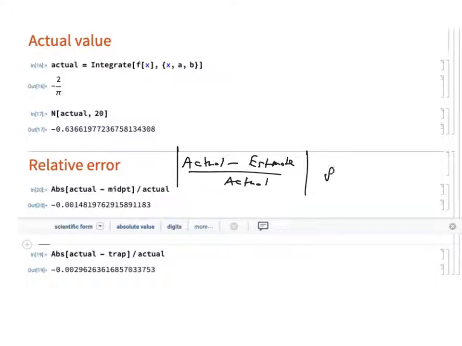It should be a positive number, so it doesn't hurt anything here. I just have to make sure I'm taking the absolute value of what I have here. You can see in my output from Mathematica, when I got this value here, one of these context menus popped up and says scientific form. If I just click that, it's going to rewrite that using scientific notation.